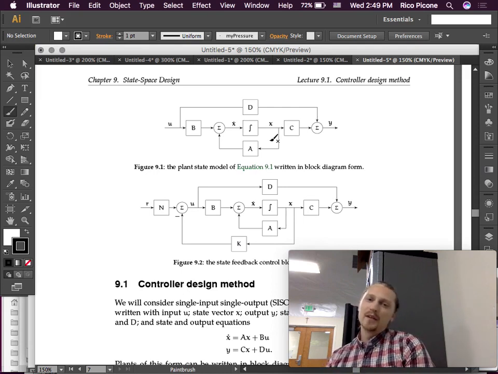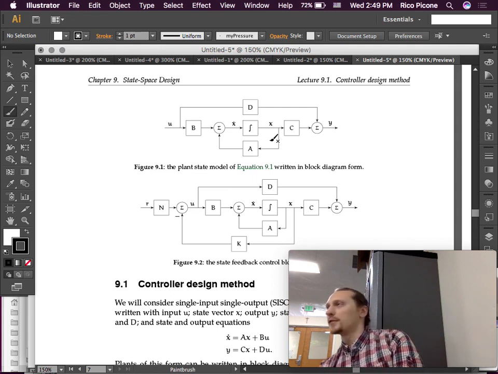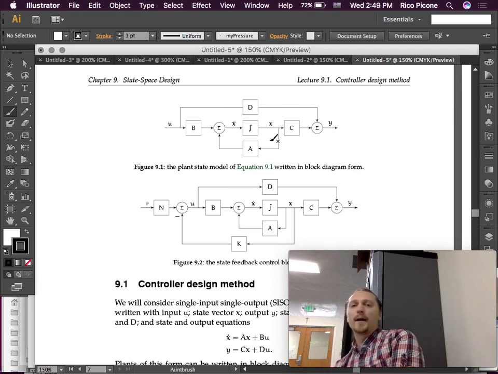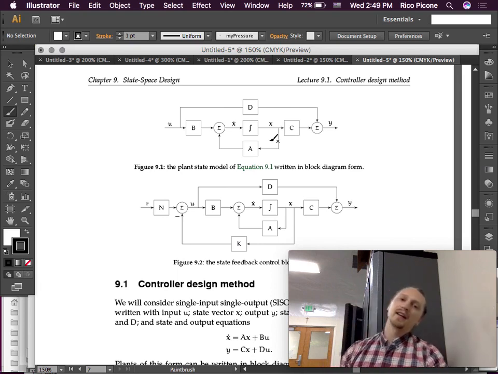The reason that we show this block diagram representation is that we are going to do state feedback. That's the type of controller design we're going to do. So we're going to feed back not the output, but the state vector.